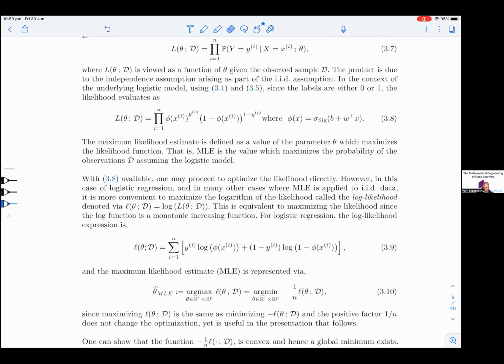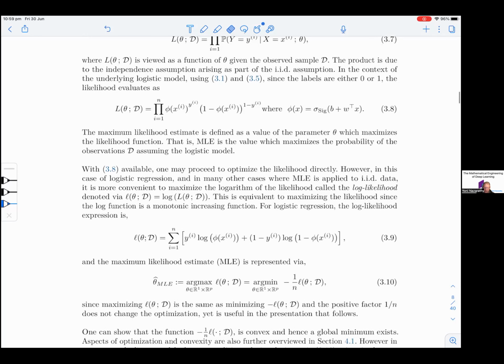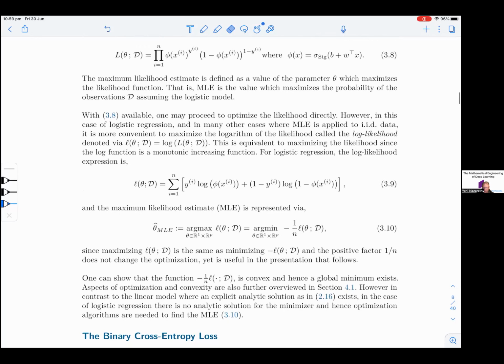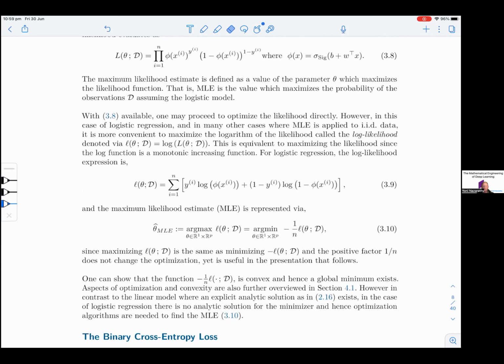The maximum likelihood estimate is defined as a value of the parameter theta which maximizes the likelihood function. That is, MLE is a value which maximizes the probability of the observations D, assuming the logistic model. With 3.8 available, one may proceed to optimize the likelihood directly.